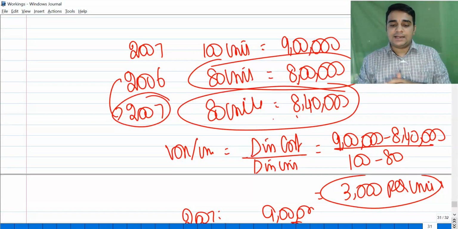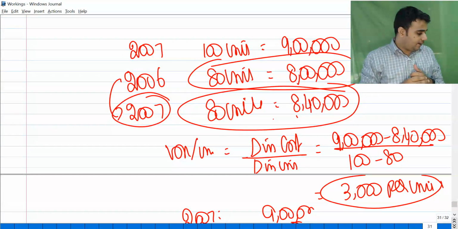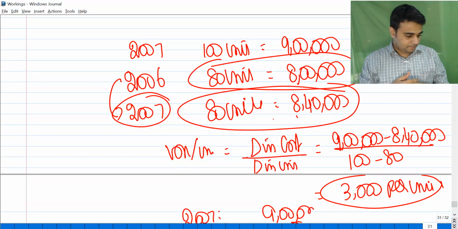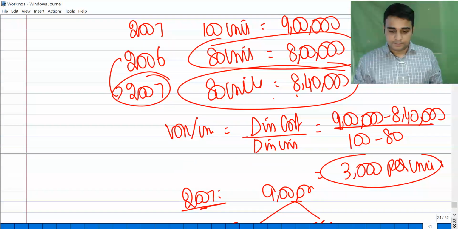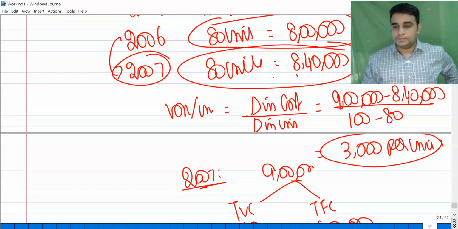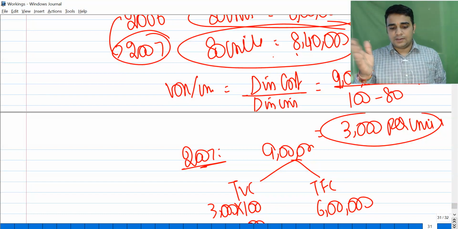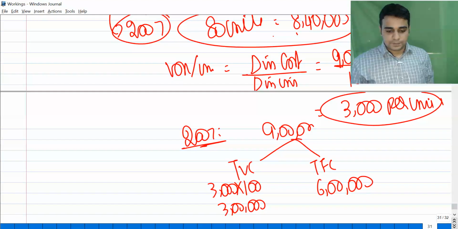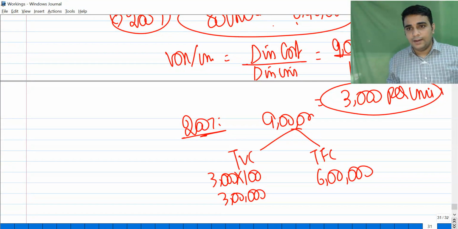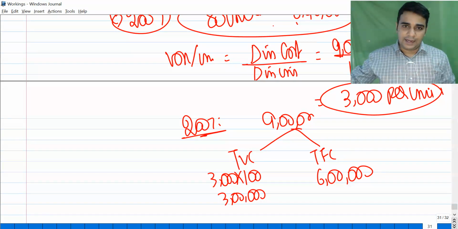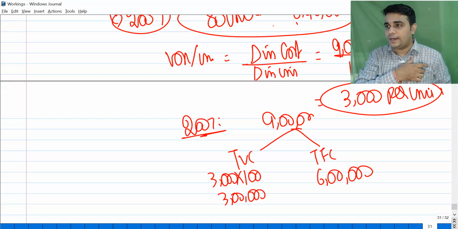(9 lakh minus 8 lakh 40) divided by (100 minus 80) is 3000 per unit, and then split that 9 lakh into two. Detailed explanation on this is there in the printed solution, so let's not worry about writing down those points.